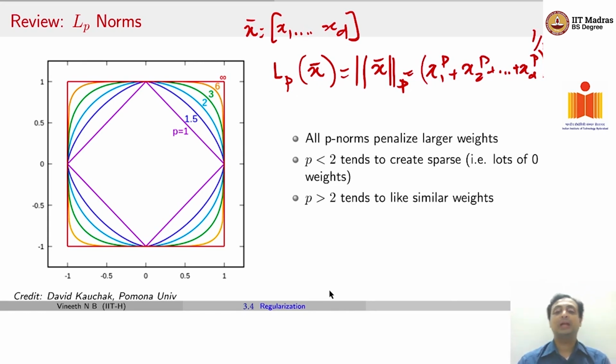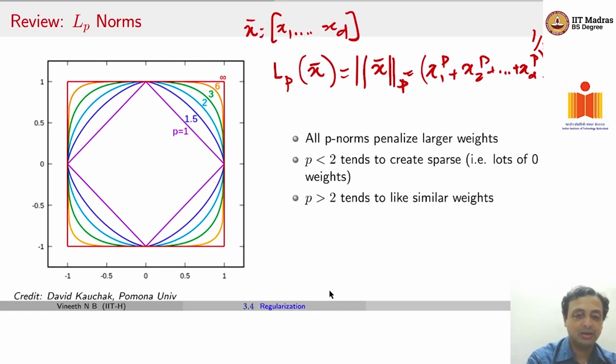You can make out that if you put p as 2, you will get your standard Euclidean norm or L2 norm. Similarly, you can have L1 norm, L0 norm, and so on and so forth till L infinity norm. You can actually have p to be any positive number for that matter, non-negative number.